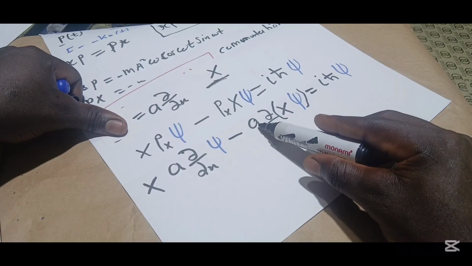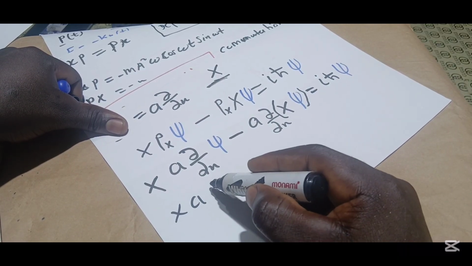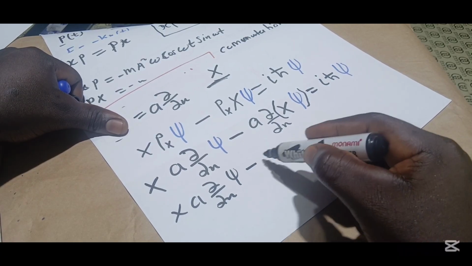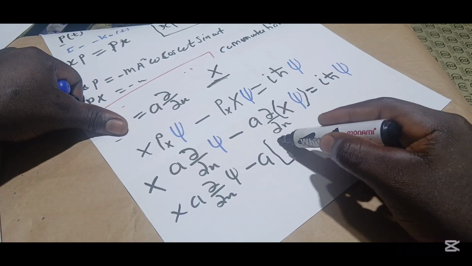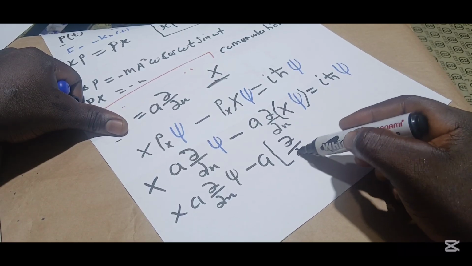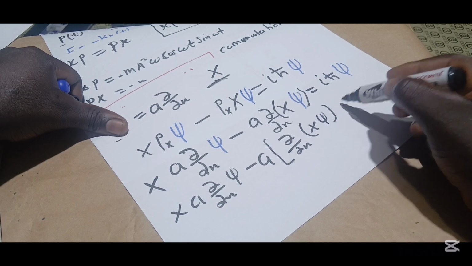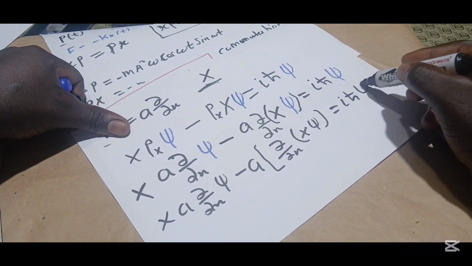Initially, let's factor a out. So we are going to get x a d/dx of the wave function, minus a, factoring a out, d/dx of x multiplying the wave function, should give us i h cross times the wave function.